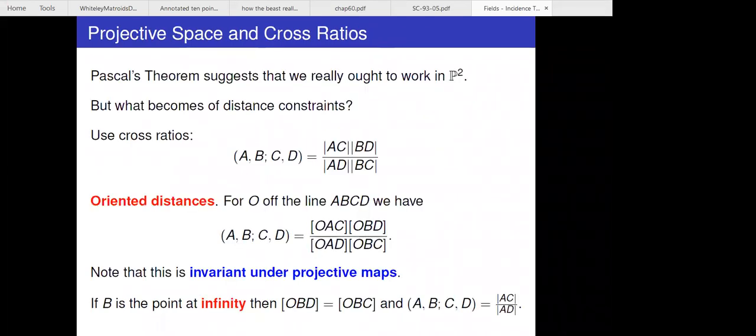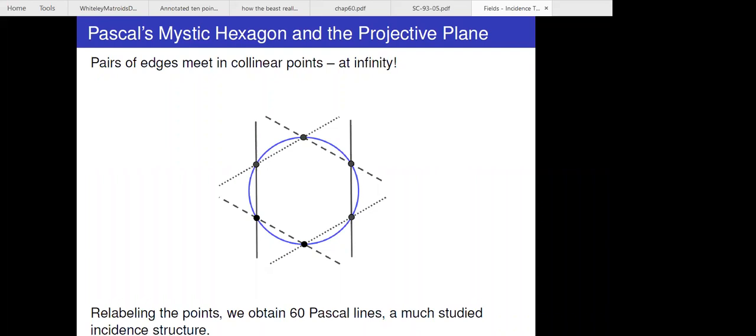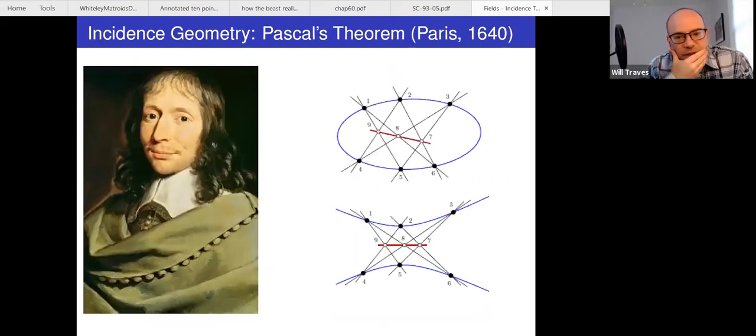Will? Yeah. Is there any way to think about why it's 60, like 6 factorial divided by 60 is 12? Yeah, that's a good question. So 6 factorial is the number of ways of relabeling. But I think it's something like a necklace situation. I think if I rotate all the points by 1, I don't create a new line.